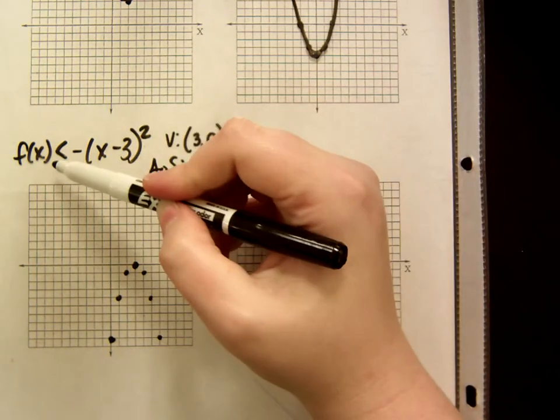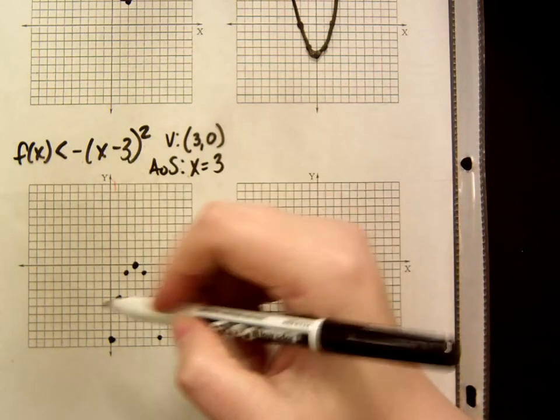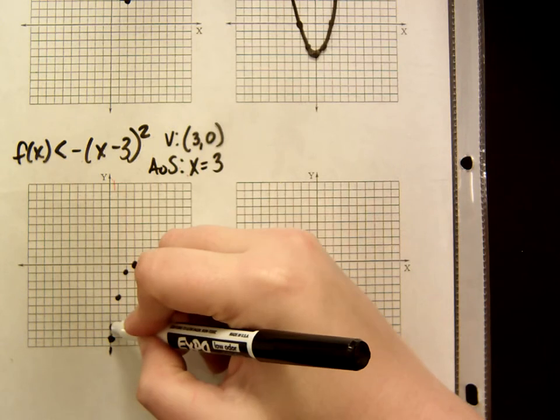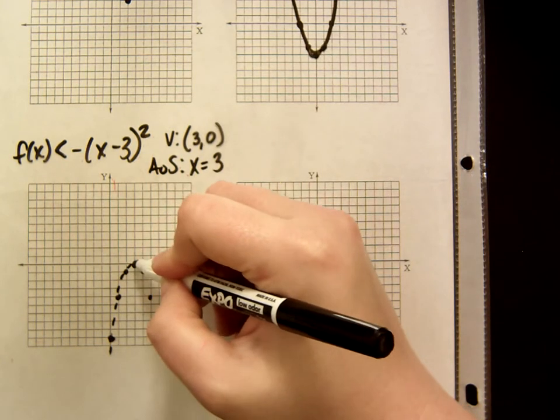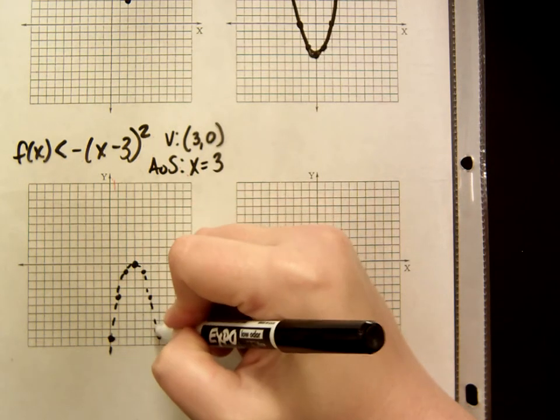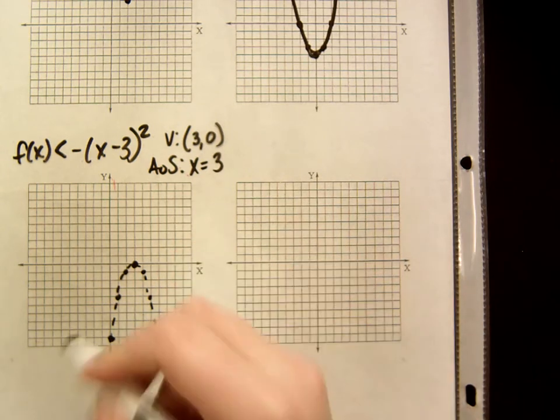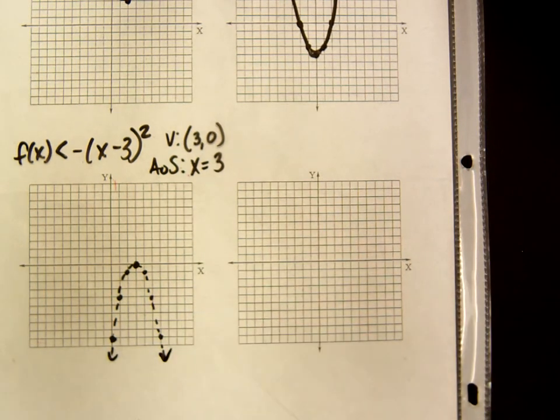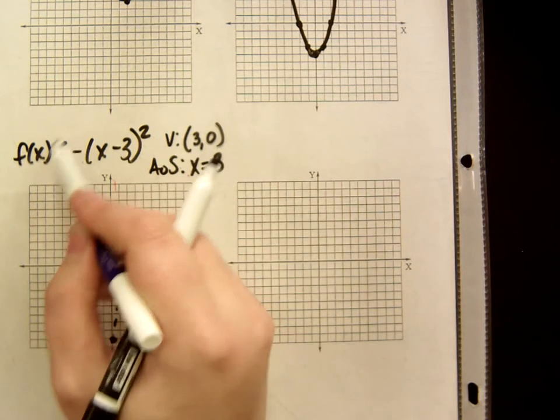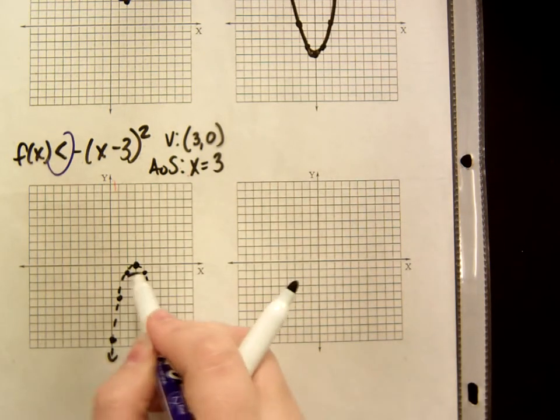With this one, I'm going to use a dotted line because it's just less than. So dotted lines. Okay. There's my graph. And then for the shading, remember that you are going to shade below when it's less than. So below means I shade down here.